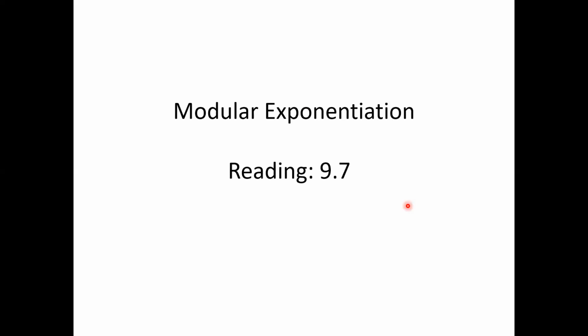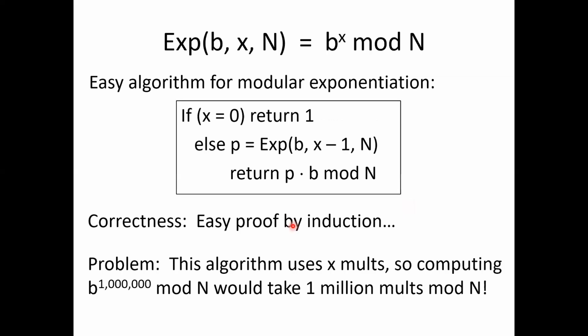So now I want to speak about modular exponentiation. It's a computation that we'll use in crypto systems. We actually gave these examples already, but in the context of integers, not modular exponentiation.